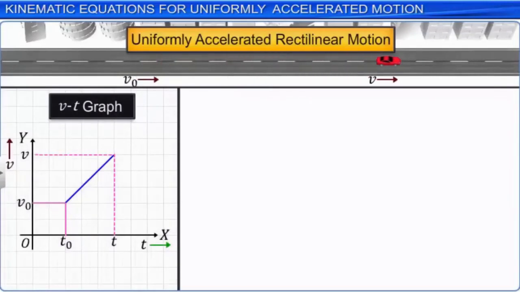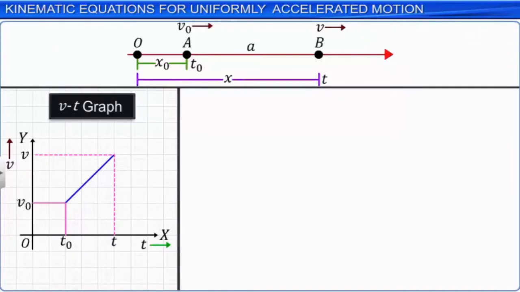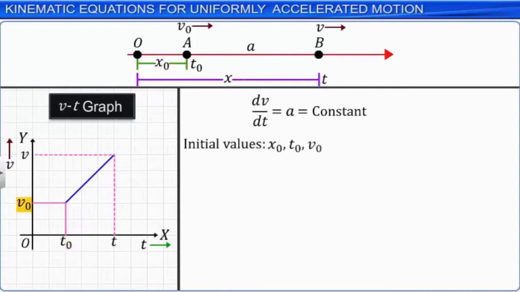In this type of motion, the acceleration of the particle is a constant, dv by dt is equal to a, which is a constant. The initial values are x naught, t naught and v naught. Similarly, the final values are x, t and v. dv by dt is equal to a. By cross-multiplying, we get dv equal to a into dt.